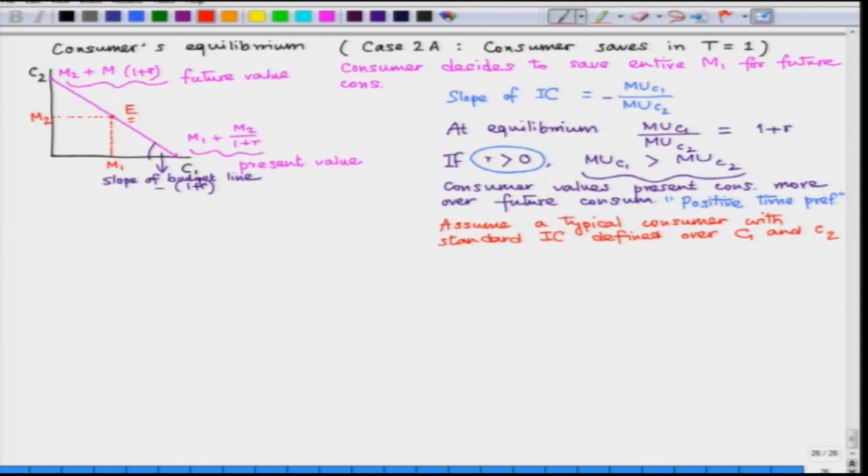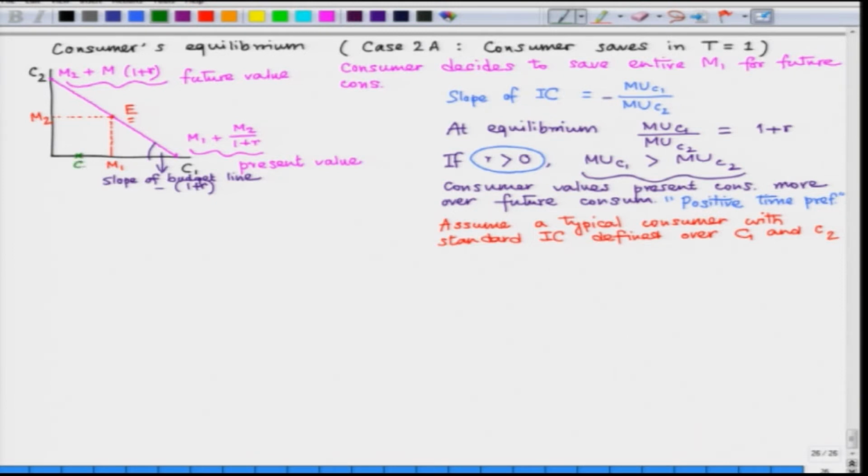Let us first look at the case 2a, where the consumer saves in time period 1. So, that means that our consumer is a lender, right. So, if the consumer is a lender, that means that he is consuming less compared to his or her money income or endowment M1.